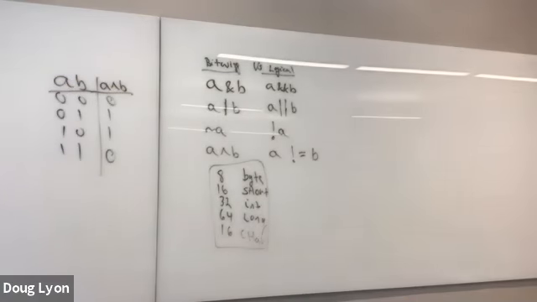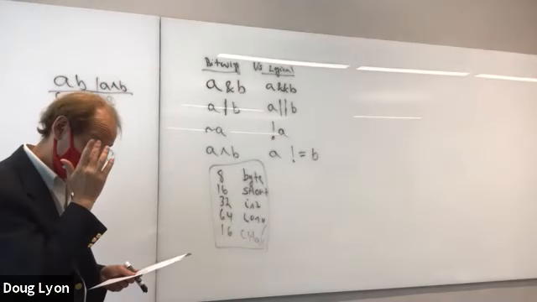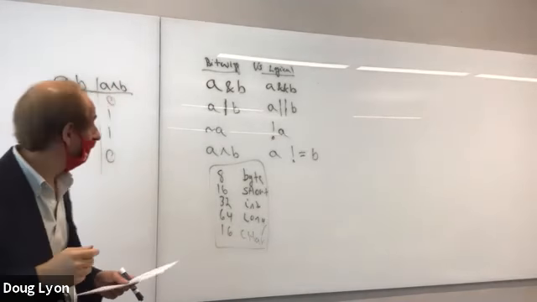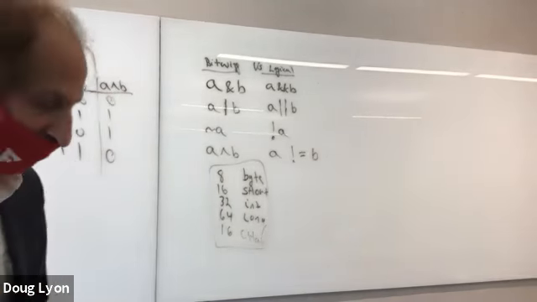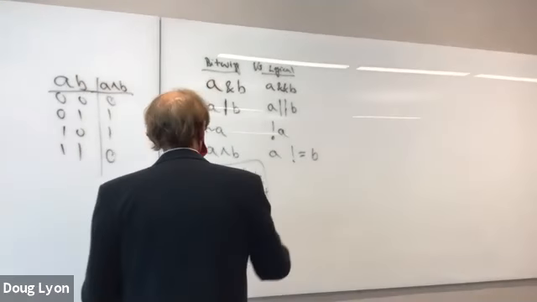Number 6. This is the shifting thing. I think we kind of went through a lot of this in the last lecture, but that's all right. We'll do it again.